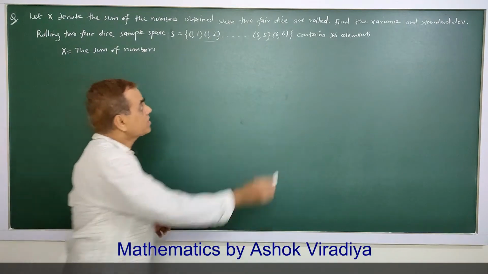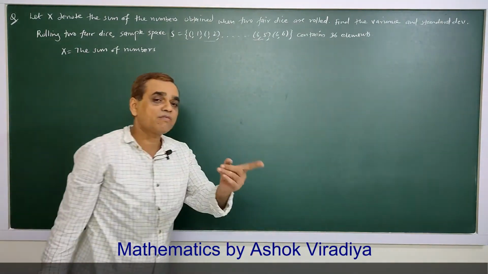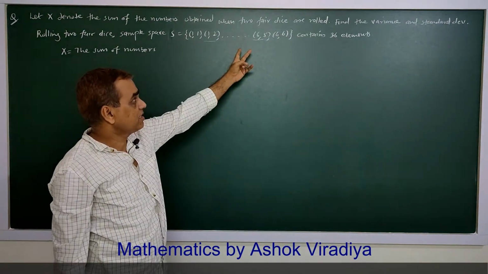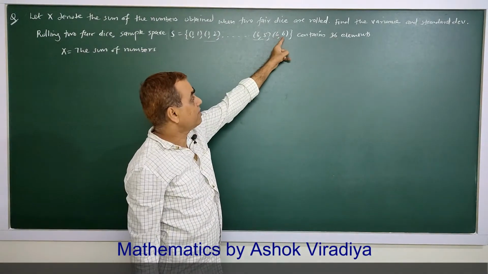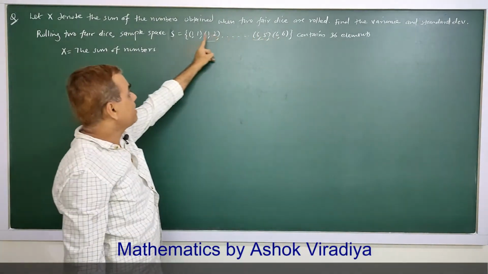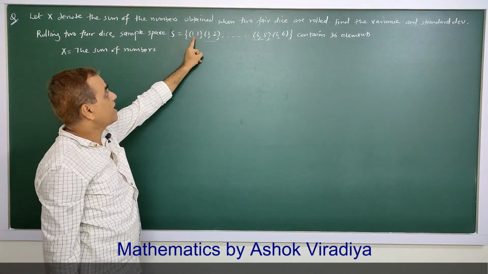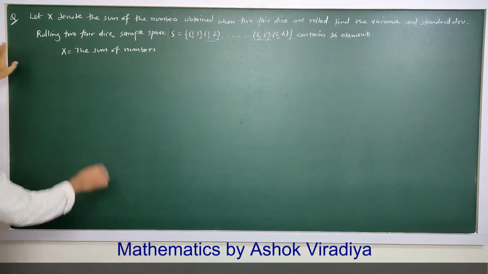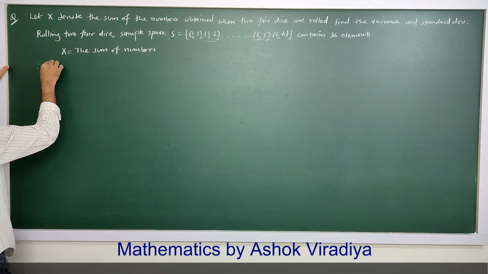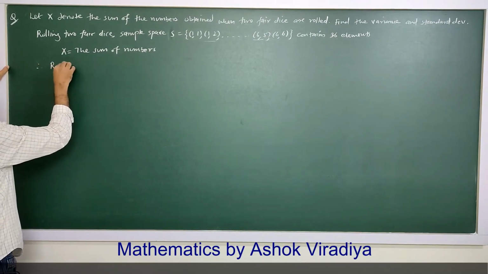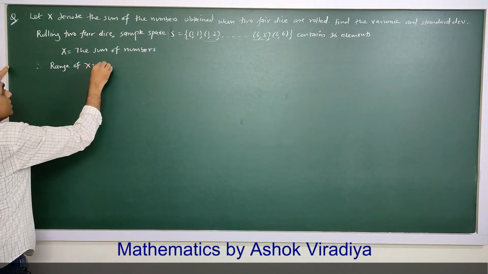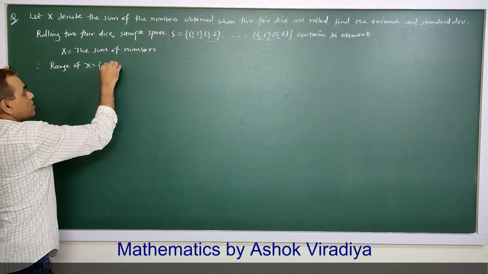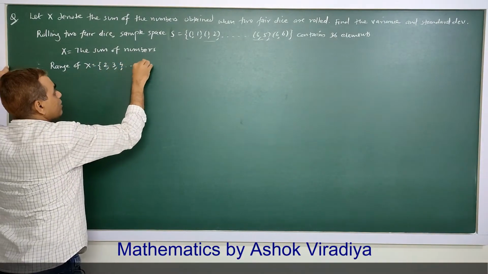If the output is 6 5, then the sum of numbers is 11. Here the sum of numbers is 12. So the minimum sum is 2 and the maximum is 12. So x takes values, the range of x is minimum 2 and maximum 12.